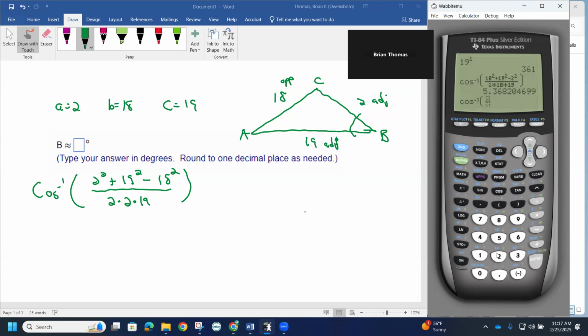So if I put the 2 squared in, or if you want, you can just put 4 in, plus 19 squared minus 18 squared, come down, and then 2 times 2 is 4, so that's 4 times 19. So you can do a little bit of math along the way if you like, whatever you feel comfortable with. And that would be equivalent. Hit enter, and we're going to get 57.35, or that's going to be 57.4 degrees. So angle B is going to be 57.4 degrees.